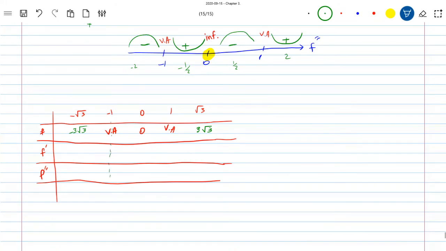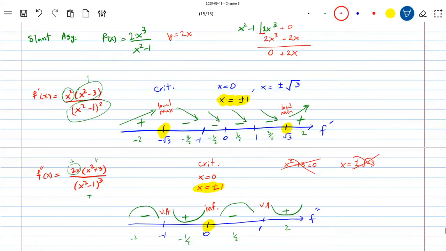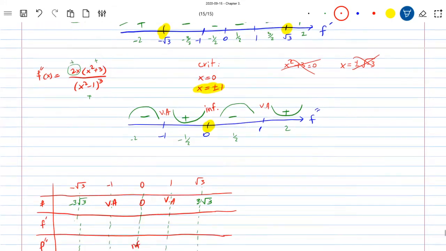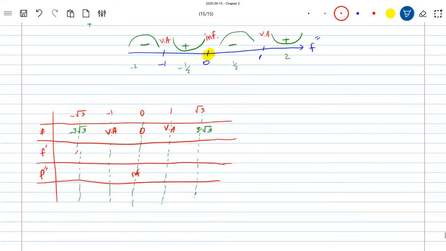Vertical asymptotes, these are local maximum or local minimum, and we found out 0 was an inflection point. So here, inflection point. I'm going to write local max or min. We look at the graph. -√3 was the local max, this is a local max point, and here you should have a local minimum.